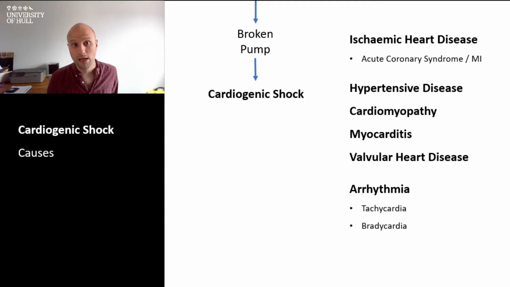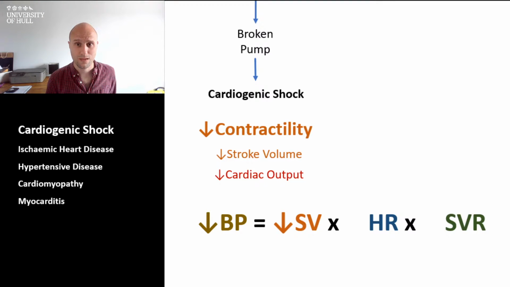And then we may go into a form of cardiogenic shock related to how fast the heart is going. If it's going very slow or much too fast, we refer to those as bradycardia and tachycardia, respectively. In many forms of cardiogenic shock, the chief issue is a failure of contractility, by which we mean the heart is contracting with less force.